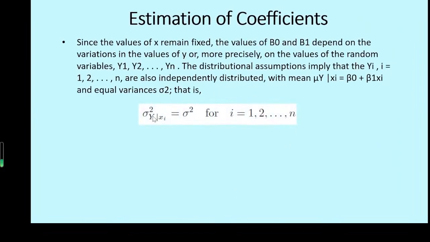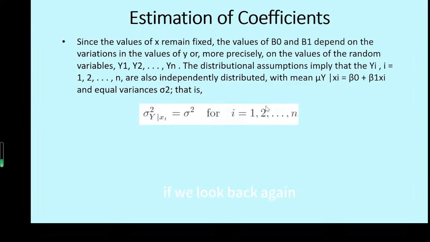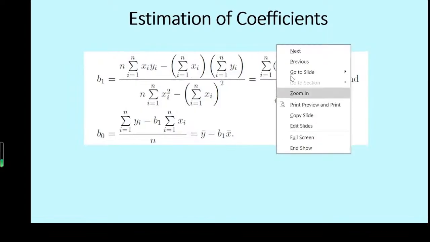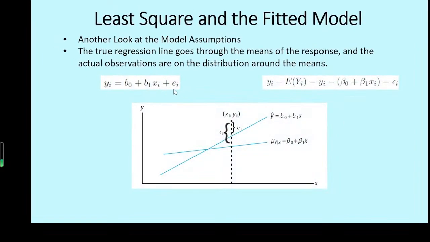So the y values are random values. So y has a variance. So the variance of y given xi equals sigma square. So this sigma square actually is the error term's variance. If we look back again, yi equals this fixed term plus an error term.